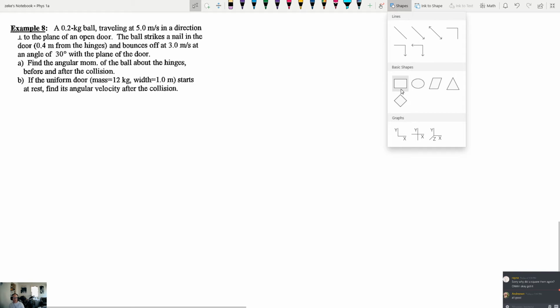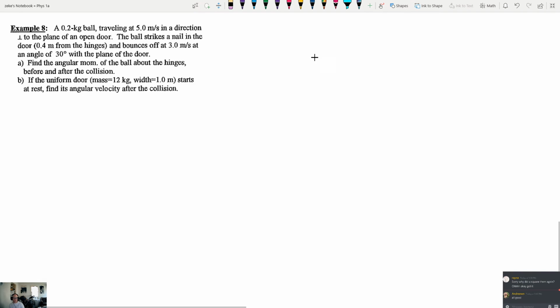So this is our picture. We'll start off with a door. Here's our door. It's an open door, and the hinges of the door are here. Probably don't need to make it quite so large. Okay, so there's our door. We have a 0.2 kilogram ball. I'm going to call 0.2 kilograms little m.